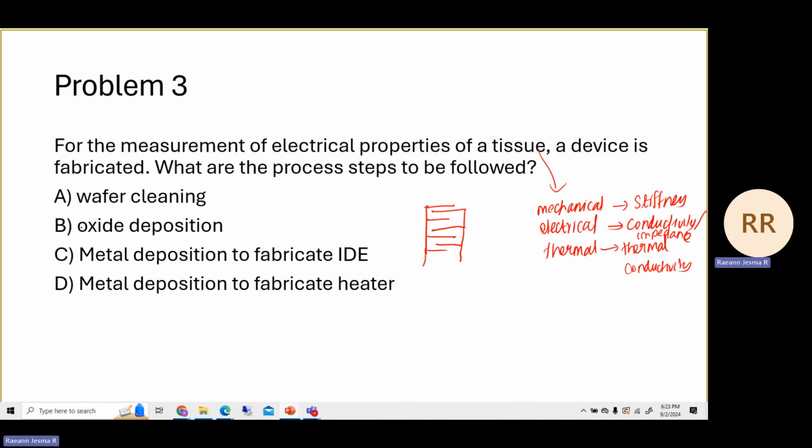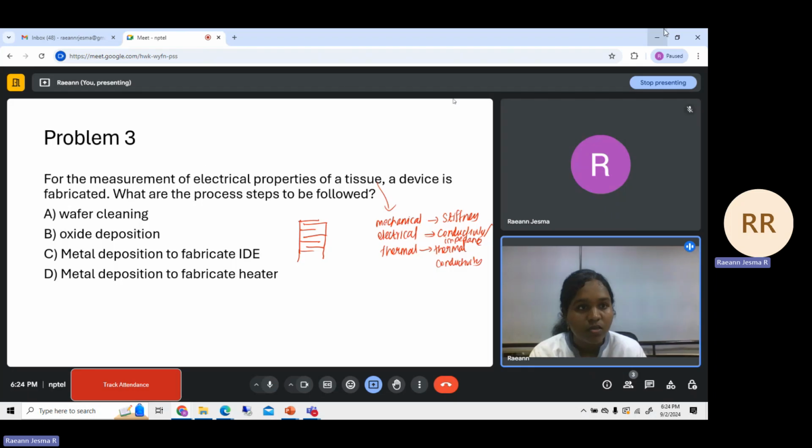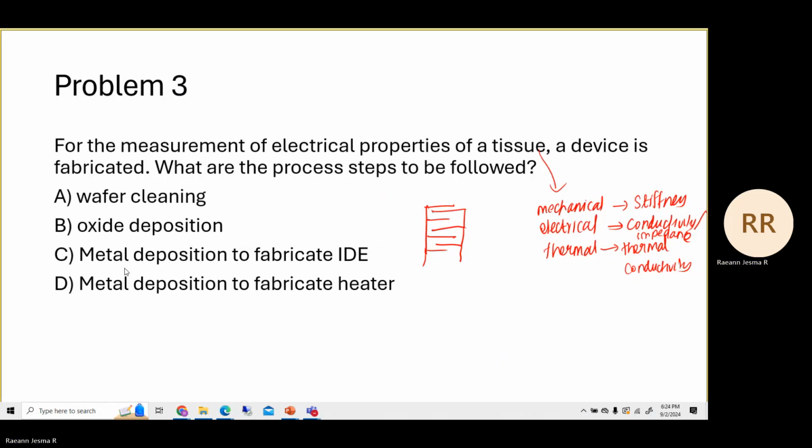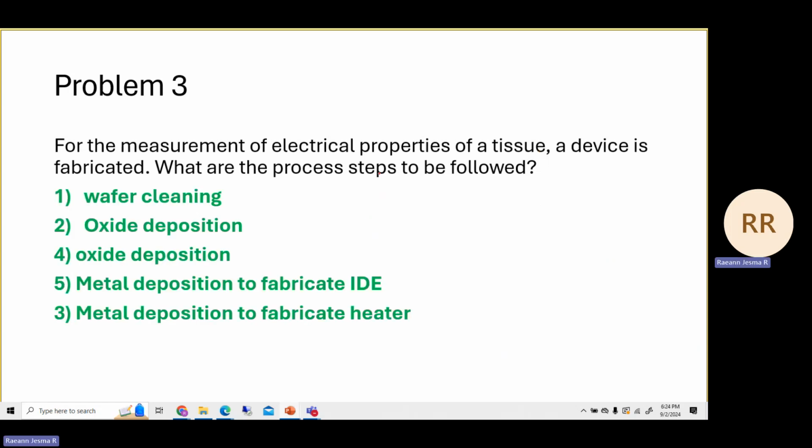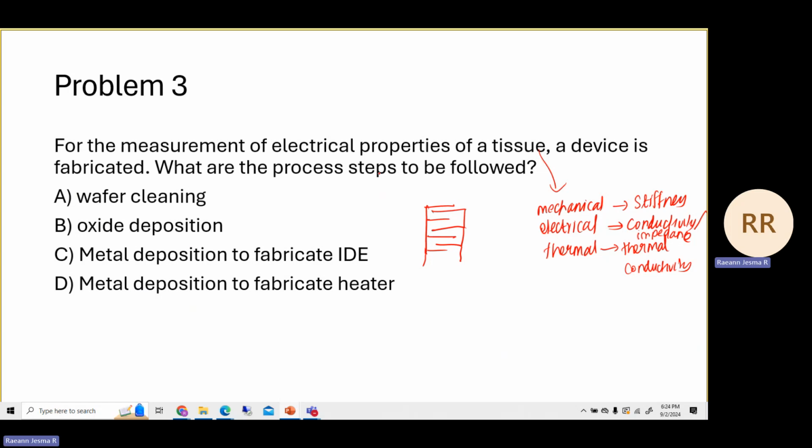First we have wafer cleaning, oxide deposition, metal deposition to fabricate the IDE, and metal deposition to fabricate the heater. What do you think is the sequence of steps that are used?